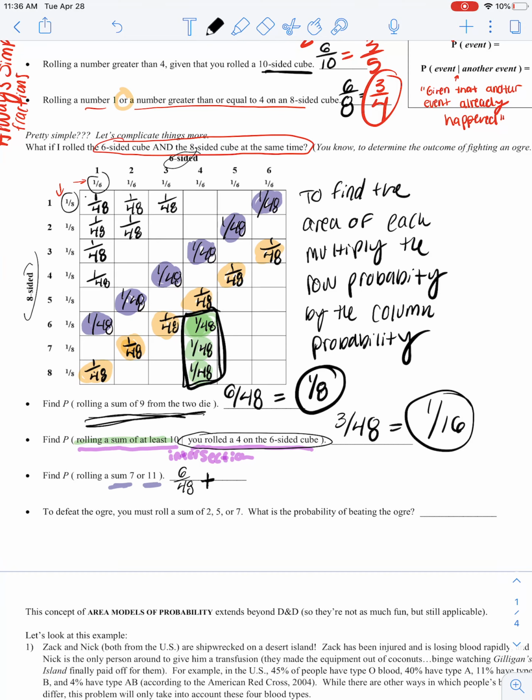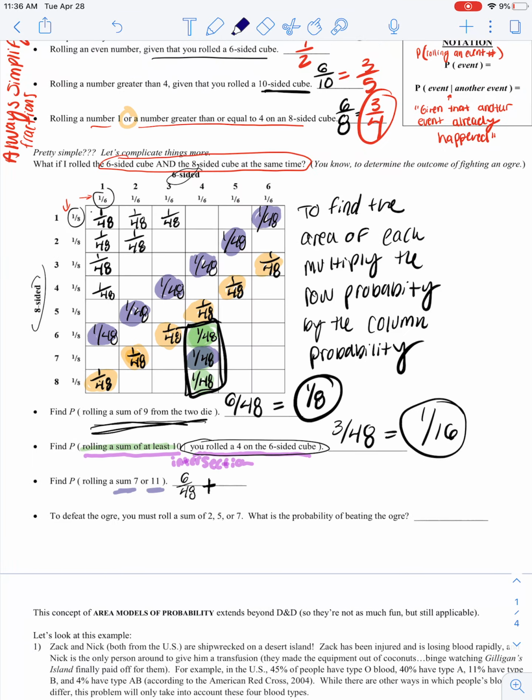Or, so I have to add the next option, the sum of 11. So I'm going to go back and keep highlighting. The sums of 11, we have 8 plus 4. I'm sorry, 7 plus 4. My math is not working. 8 plus 3, 6 plus 5, and 6 plus 5 again.